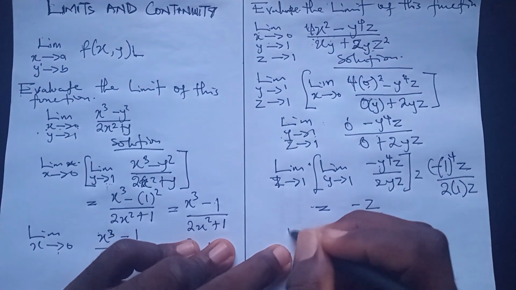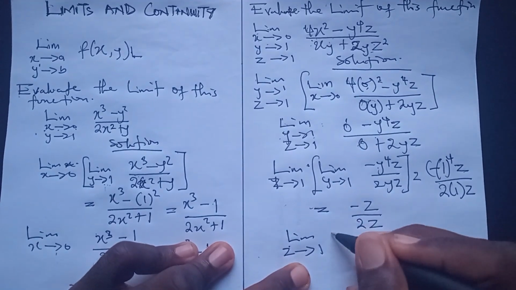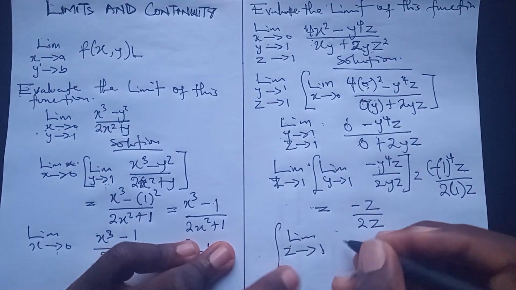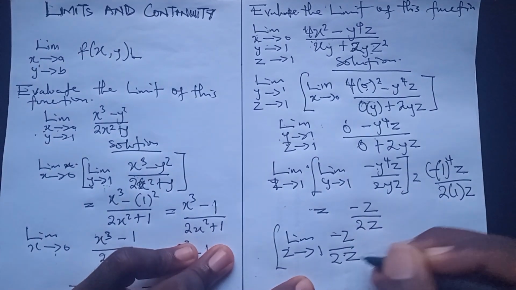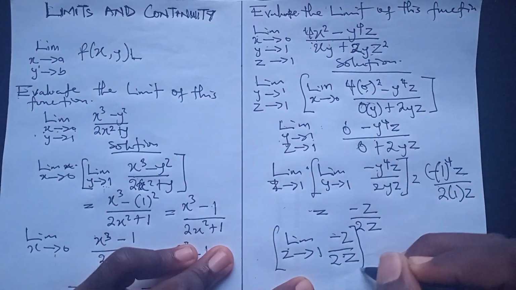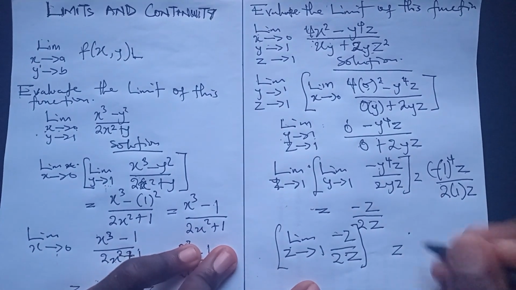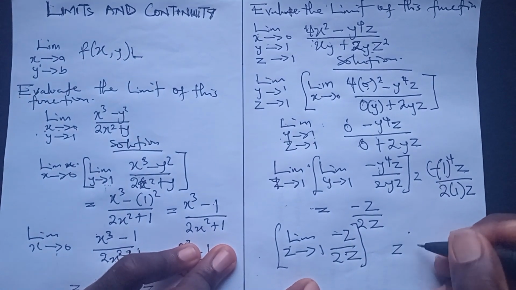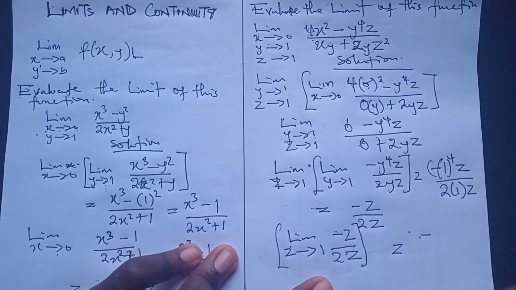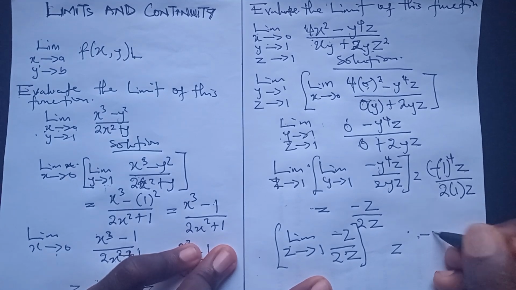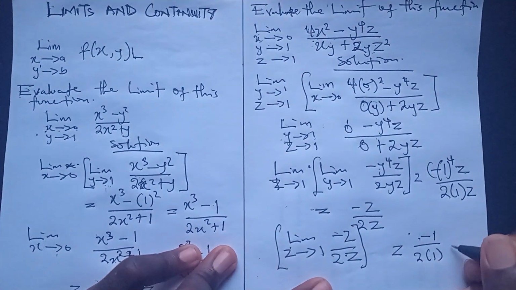Hmm, so now if you take the limit when z tends to 1 of minus z over 2z, this is equal to, here where you see z, you put 1, minus 1 over 2 in bracket 1.